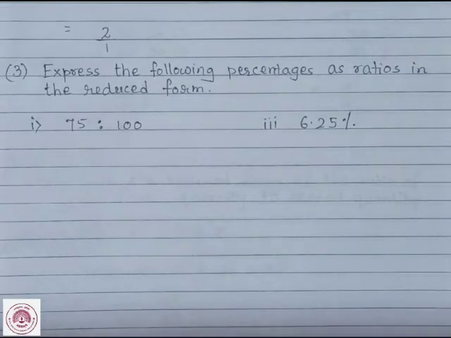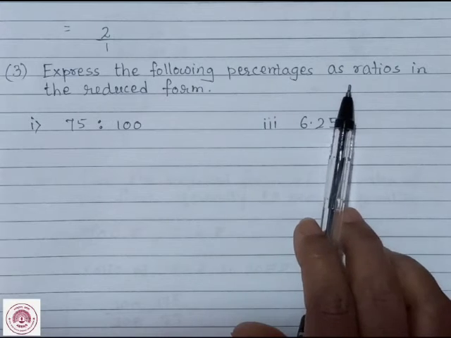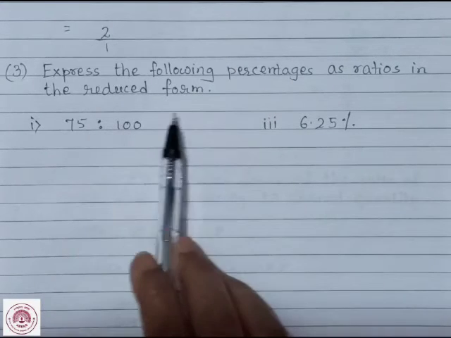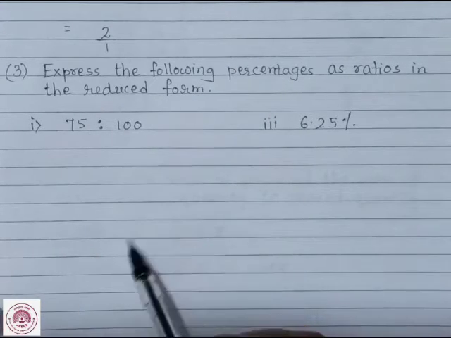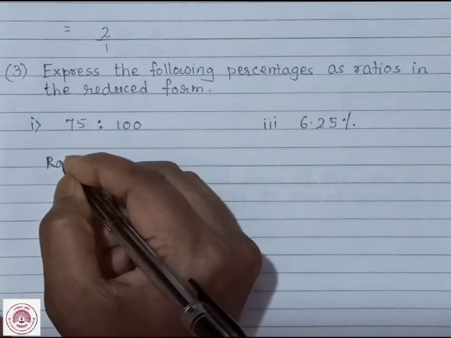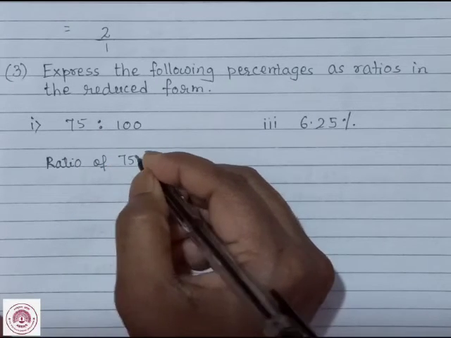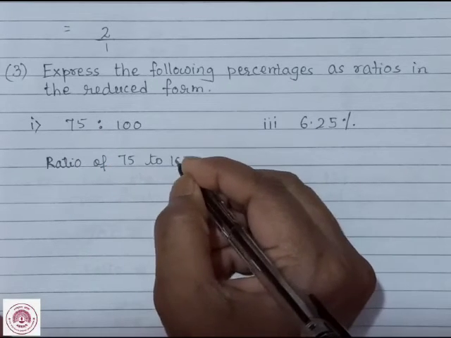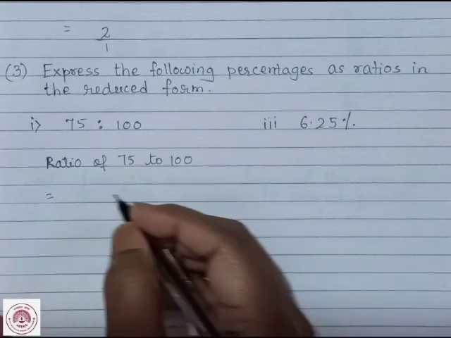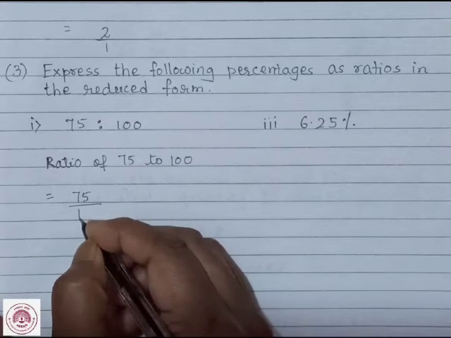Now we will solve the next question. Question is, express the following percentages as ratios in the reduced form. So here ratio of 75 to 100 is equal to 75 upon 100.